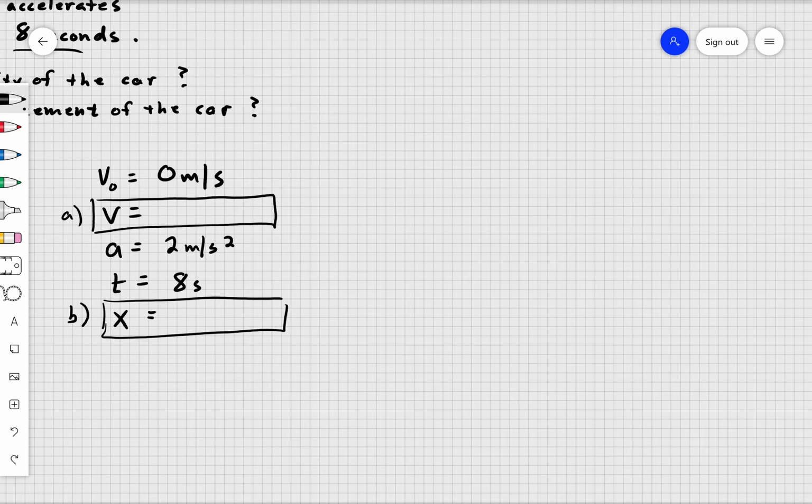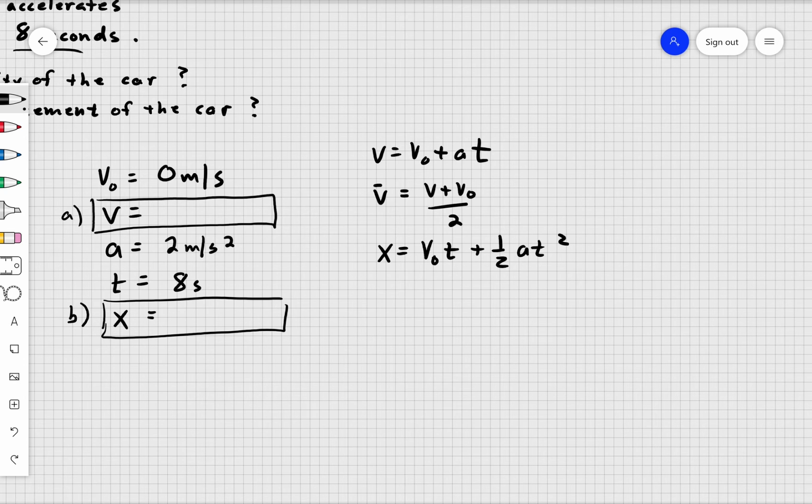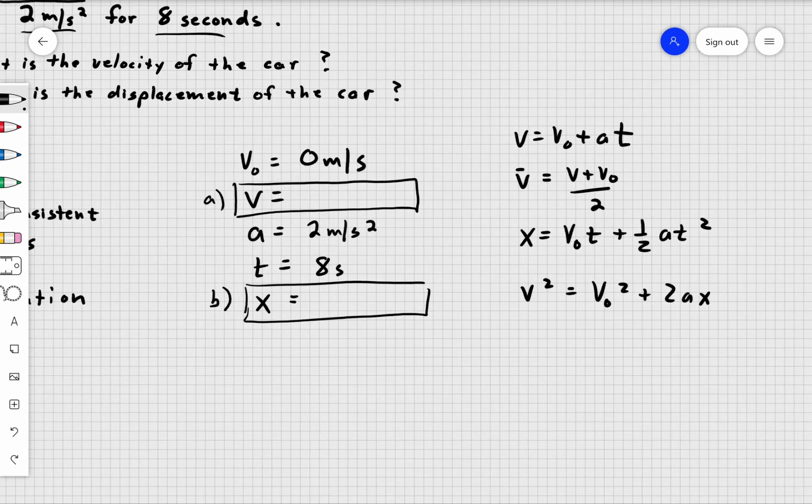We know that v is v naught plus at. We know average velocity is v plus v naught over 2. We know that displacement is v naught t plus 1/2 at squared. And we know v squared is v naught squared plus 2ax.